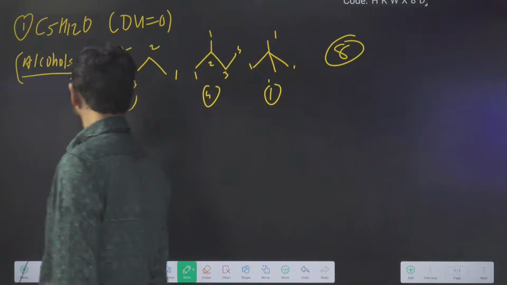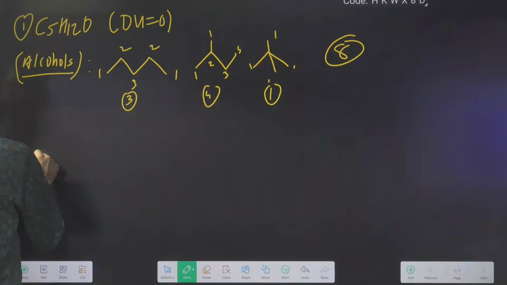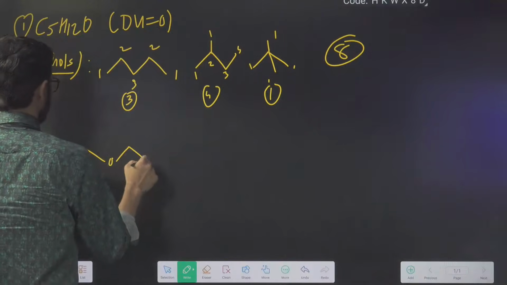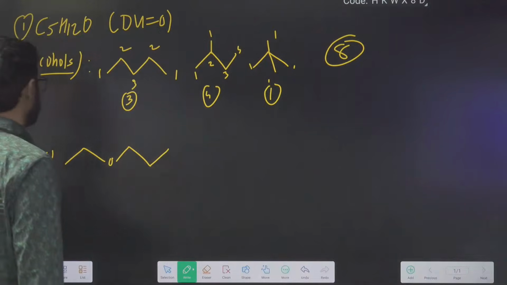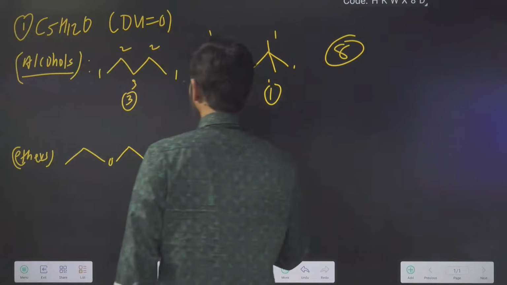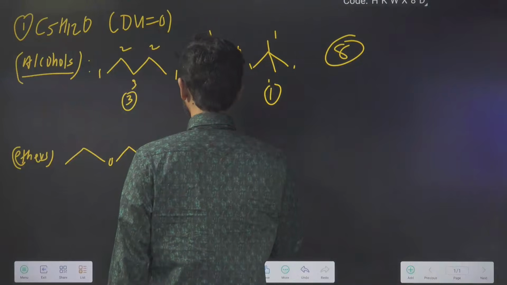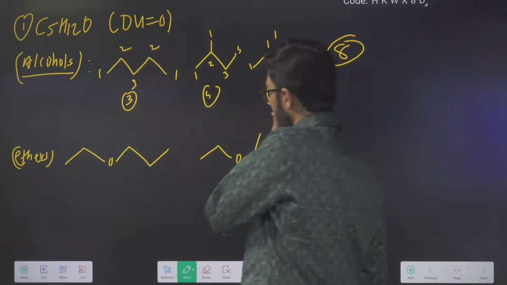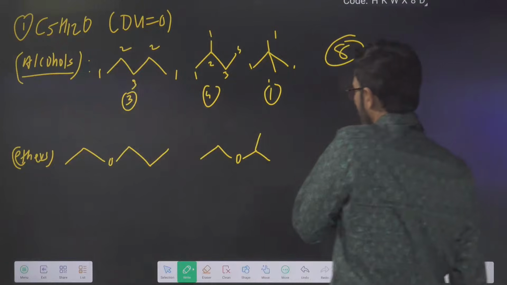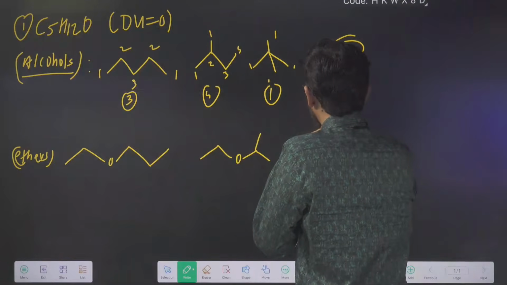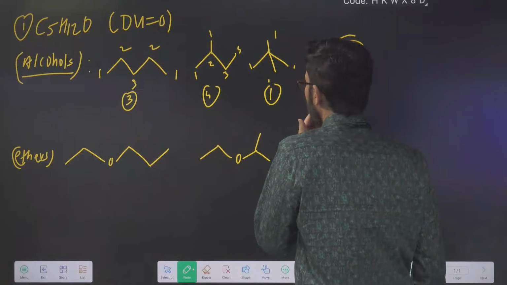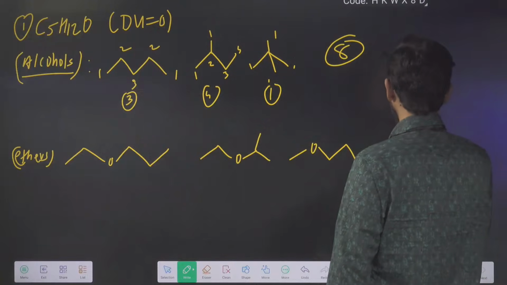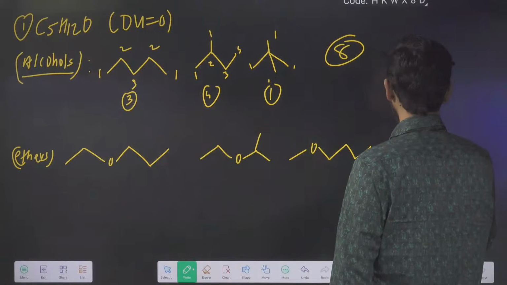Clear? Ethers with the same formula. How many possibilities? One is 2 and 3. In 2 and 3, one more possibility is changing the connectivity. Again, structure change. Then 1 and 4, C5, 1 and 4, like this. Then 1 and 4 at which position?